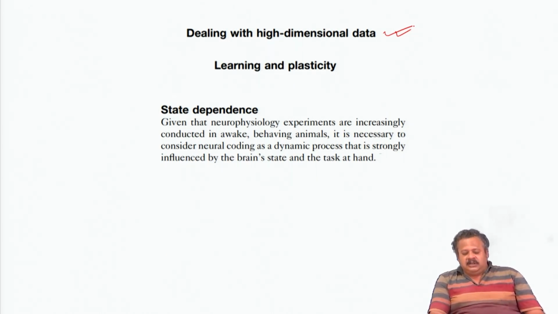And so these are providing a huge amount of data simultaneously at multiple levels. It is not even just about fine time scale and fine spatial scale. At the coarser spatial scale also we are getting a huge amount of high dimensional data in, let us say, fMRI or even EEG.